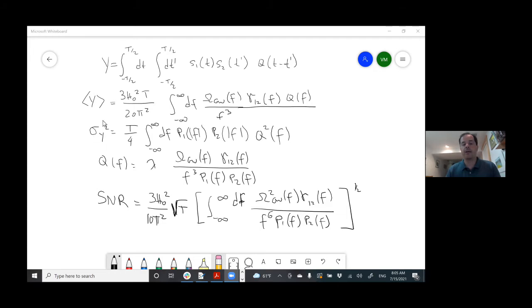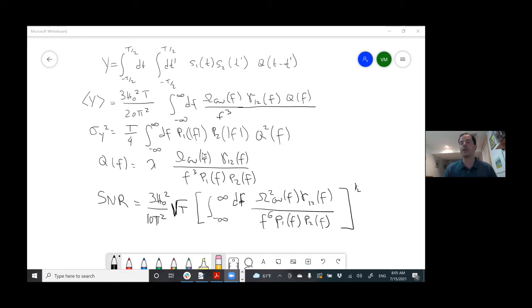The variance corresponding to this estimator Y looks like this. You can see that it has the power spectral densities of the two detectors, and again the filter. And the filter itself takes this form. So it depends on the actual energy density spectrum in gravitational waves that we're searching for. This is, as we said, an assumption that we make when we do the analysis.